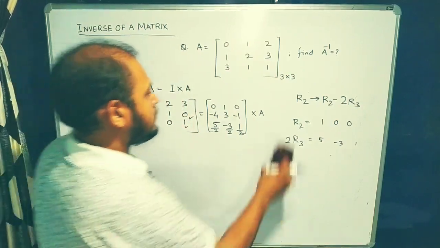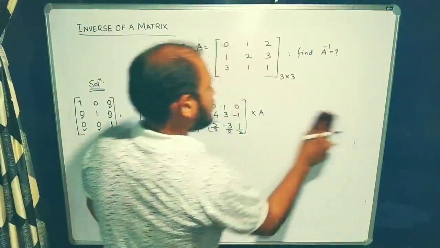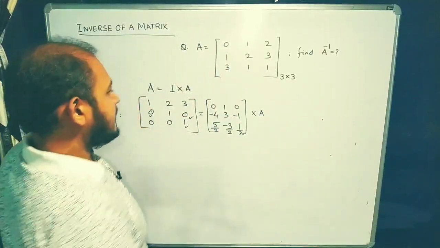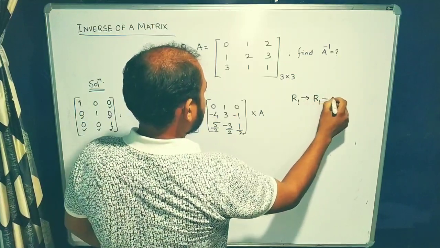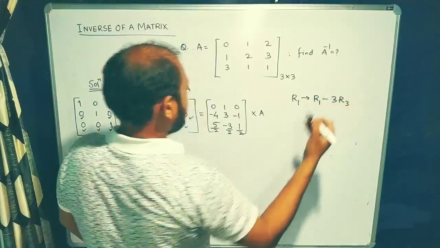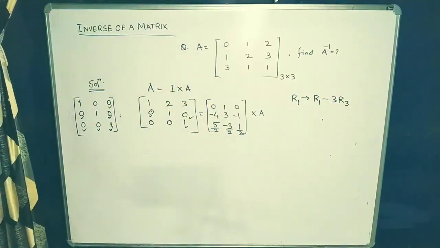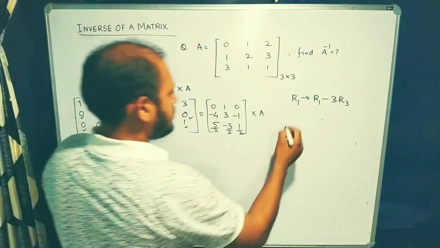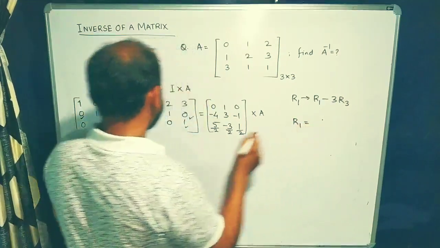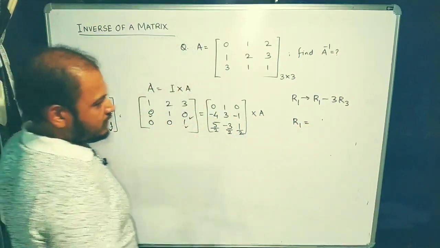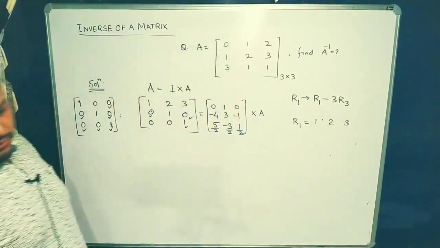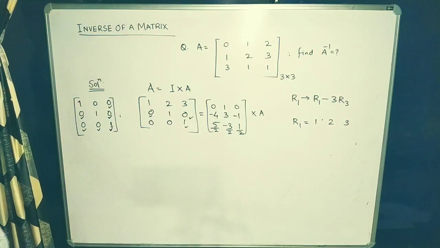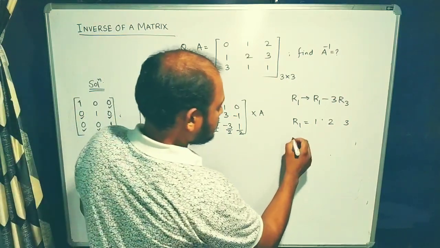So the operation of our choice should be: the first row is getting changed to the first row minus 3 times the third row. First row minus 3 times the third row. So let us see what the first row is. The first row is 1 2 3, and look at the third row.